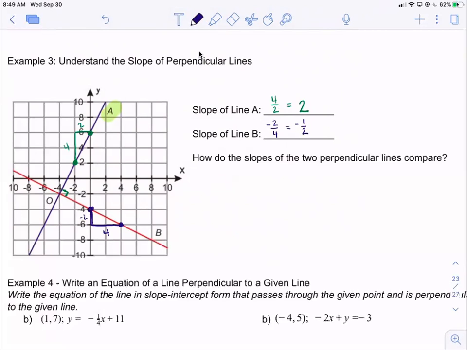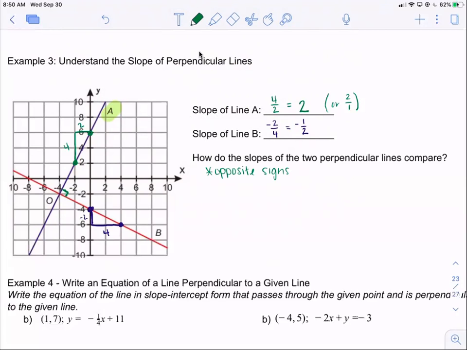So how do the slopes of two perpendicular lines compare? If we write the slope of line A as a fraction, this would be 2/1. If you notice, the two slopes have opposite signs, one is positive, one is negative. And also the fraction is flipped.